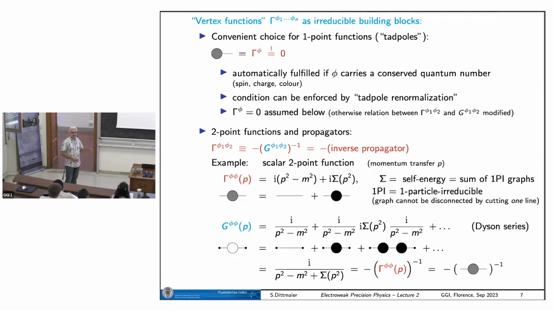One reason to single them out is exactly to control the divergences. And the second reason is that if you have calculated all these blocks with a loop, you can just dress them with a little bit of tree level structures to make them full diagrams contributing in your calculation. And often you have this kind of loop structures like indicated here already in several places, and you have to calculate only once and for all.